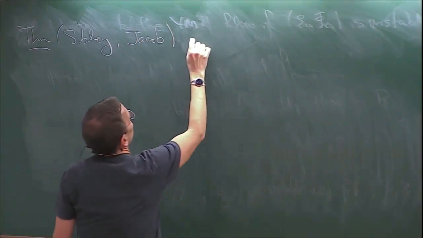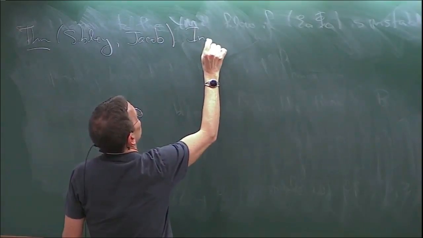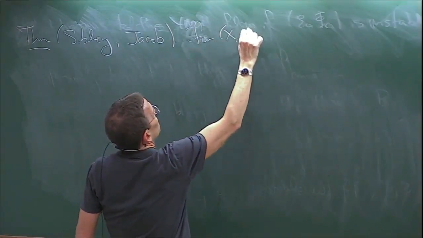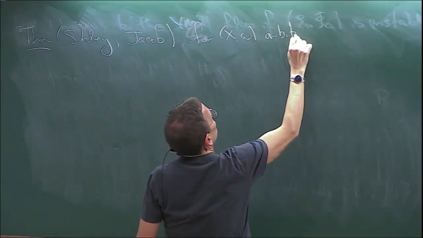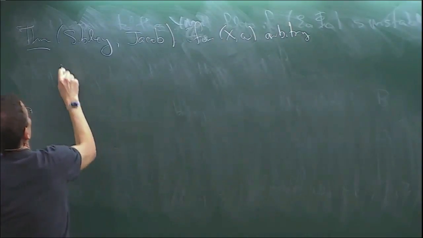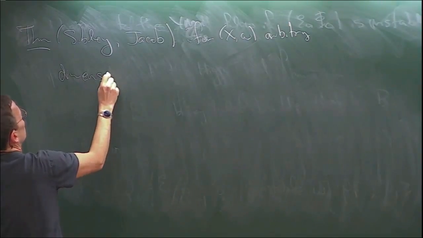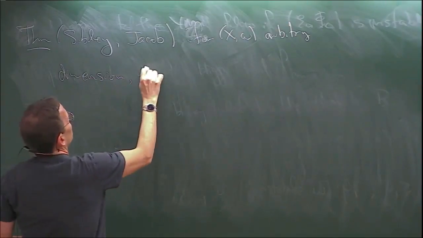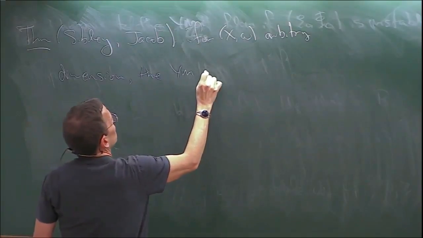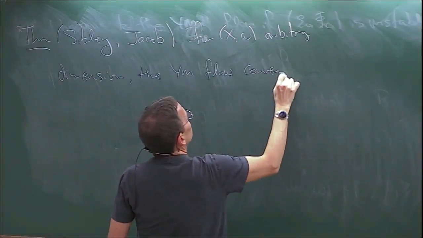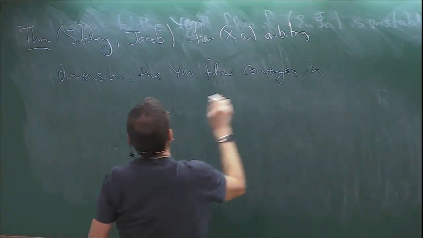So in higher dimensions, for X of arbitrary dimension, the Yang-Mills flow converges in the sense of Uhlenbeck.